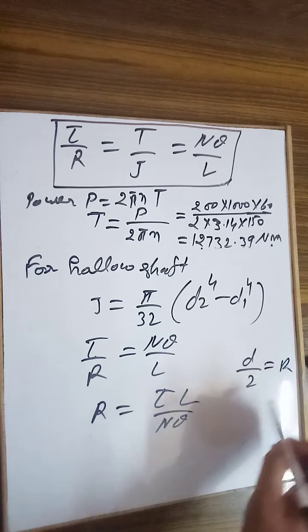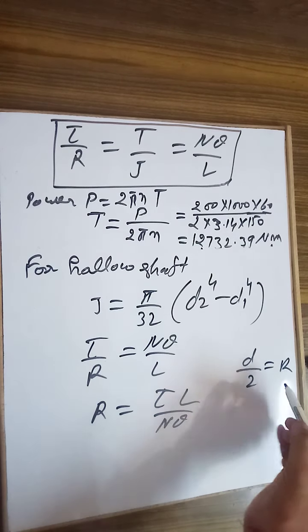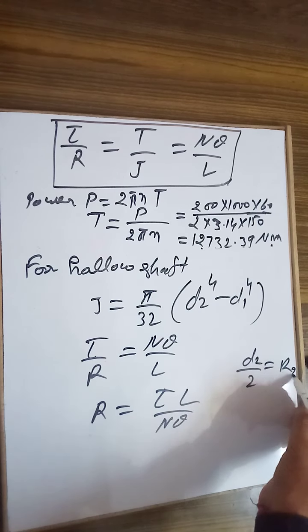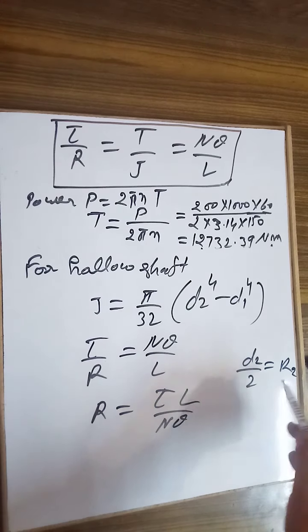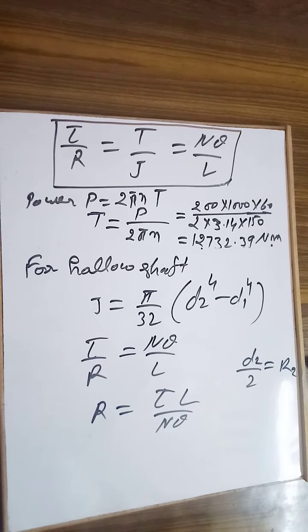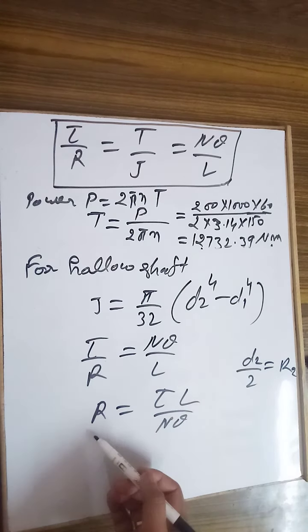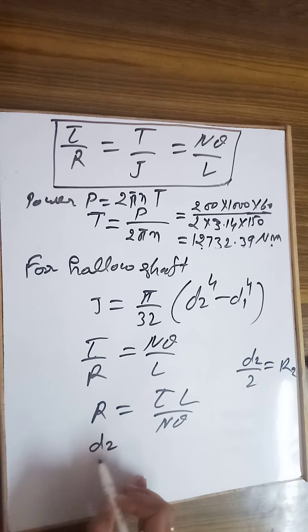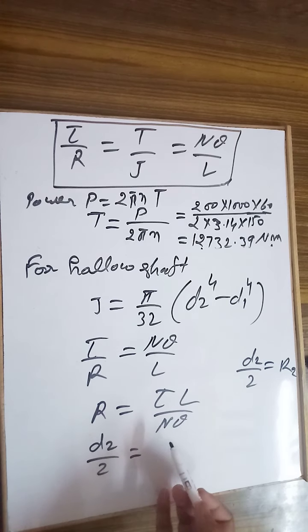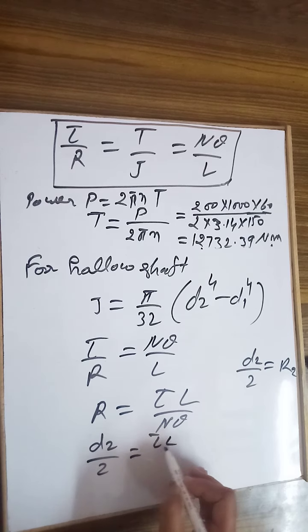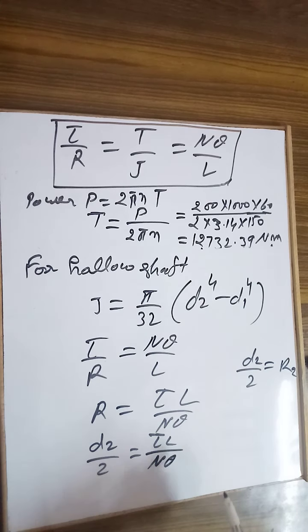If we are considering D2, it is D2 by 2, so it is R2. If it is D1, then D1 by 2 is R1. So putting the value here, D2 by 2 is equal to tau L upon N theta. So we have all the values here. So by this we can say D2 is equal to 2 tau L upon N theta.